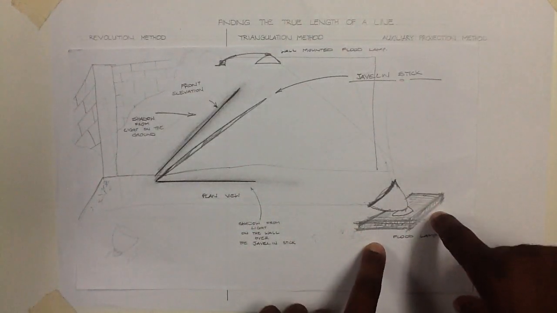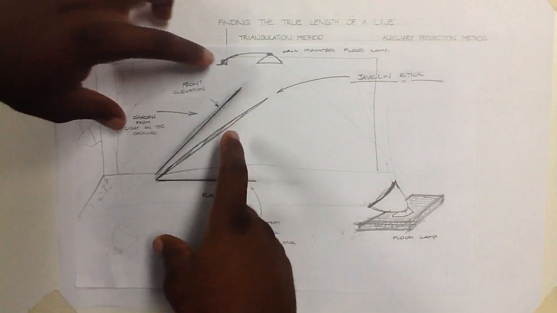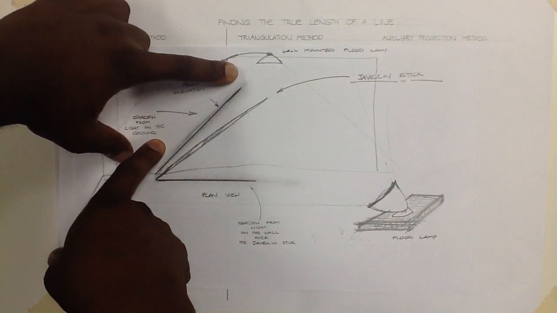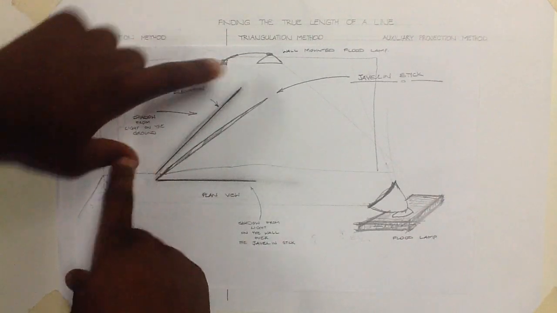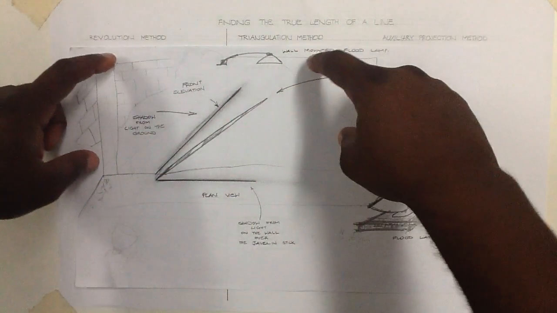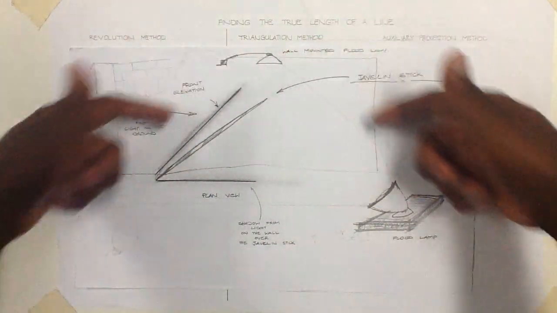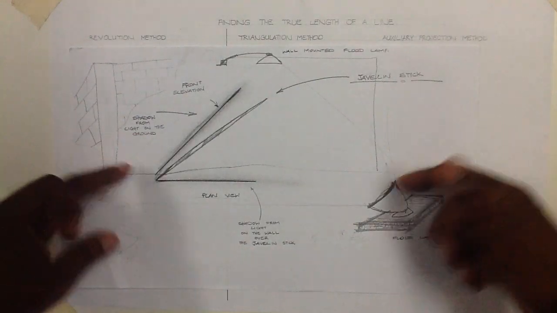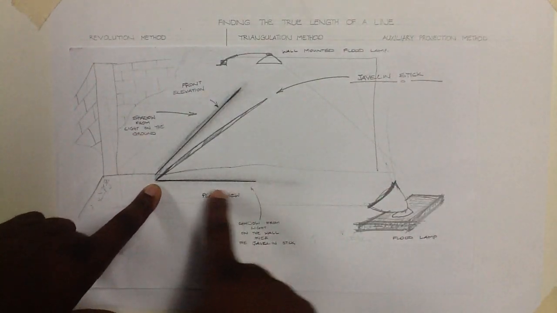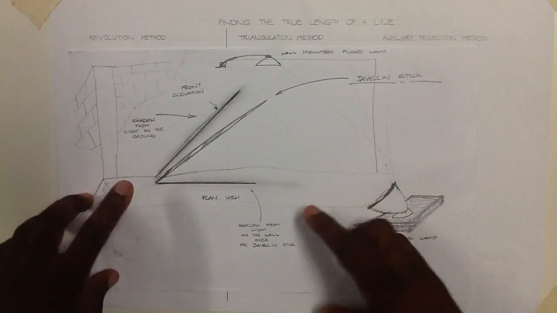The lamp on the ground shines its light on the javelin stick, and that shadow appears on the wall. And the lamp that has been wall mounted does the same, it allows a shadow of the javelin stick to fall on the plan view, or the ground, the horizontal plane.